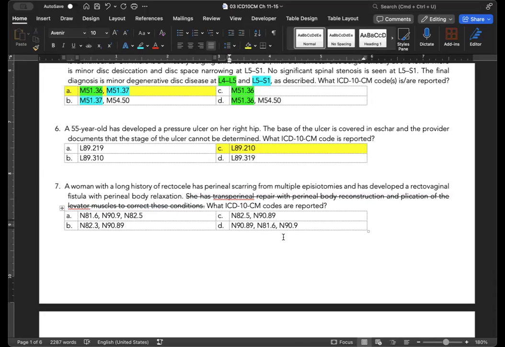So let's go take a look at N81.6. N81.6 is for a rectocele, and then our inclusion notes say that it's a prolapse of the posterior vaginal wall. So do we think that N81.6 is our code?